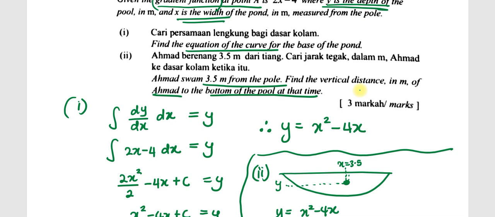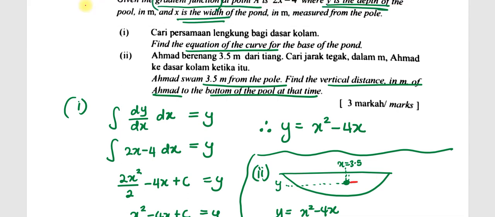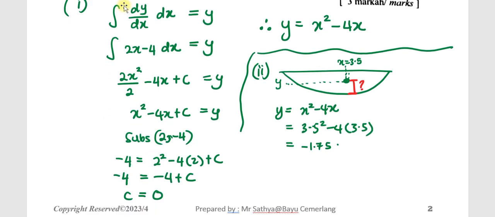No. They are asking the vertical distance of Ahmad to the bottom of the pool. Ahmad is here, so how much is the distance to the bottom? We know the total is negative 4, so you minus this part, which is negative 1.75.